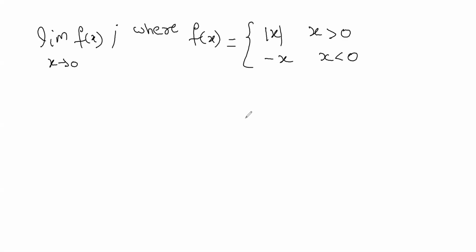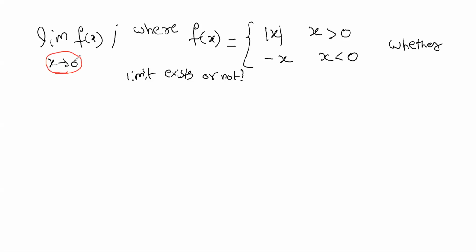Now we have to tell whether the limit exists or not. Where do we have to check? They didn't give the limit point, right? They gave it: limit x tends to 0, that is the limiting point.